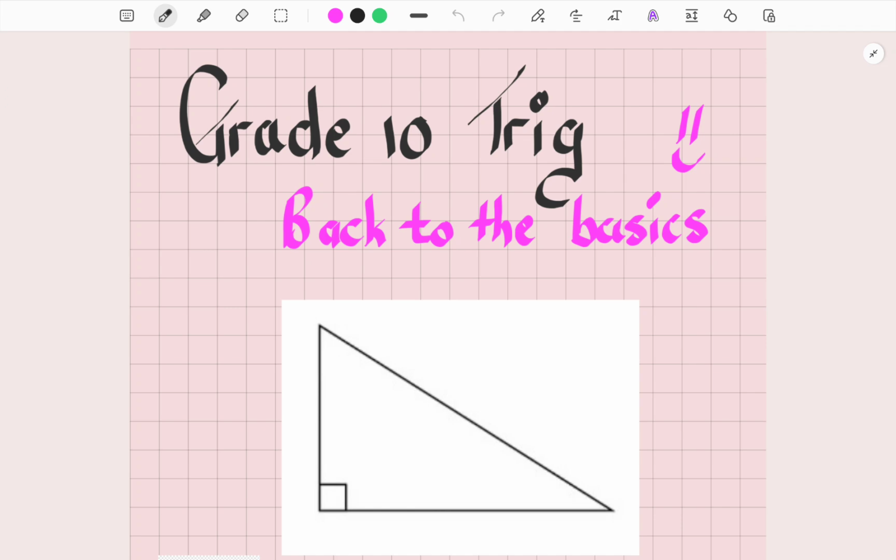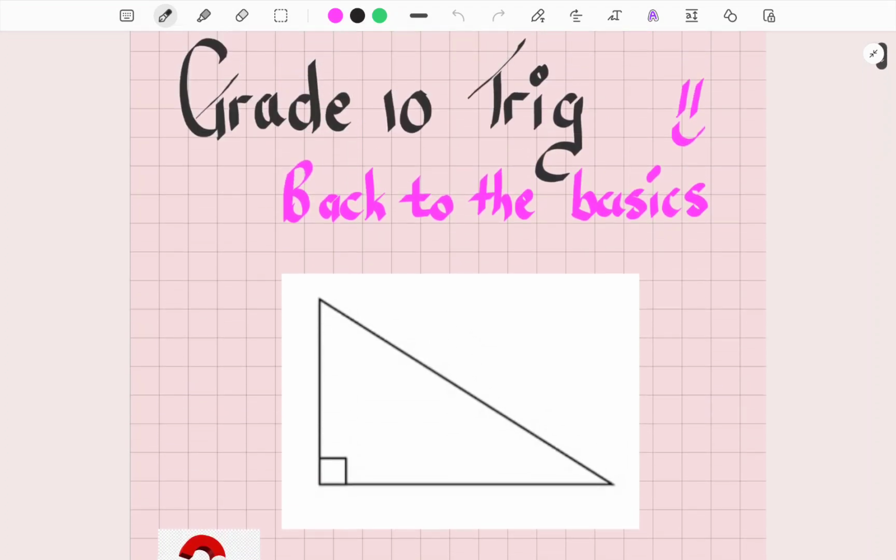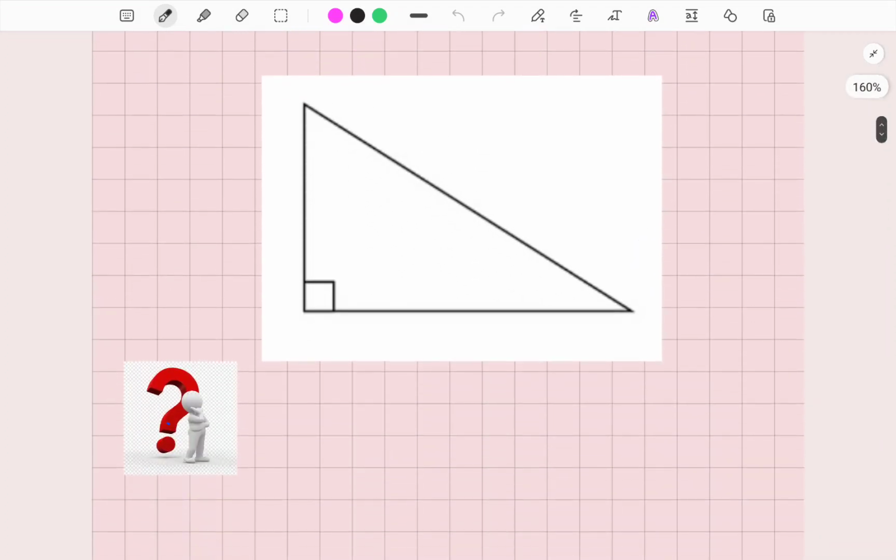So I'm going to wing it from the get-go. The only thing I've got here is my back to basics and a right angle triangle.